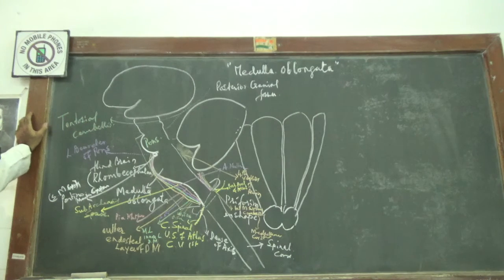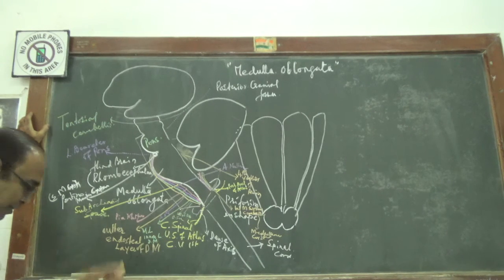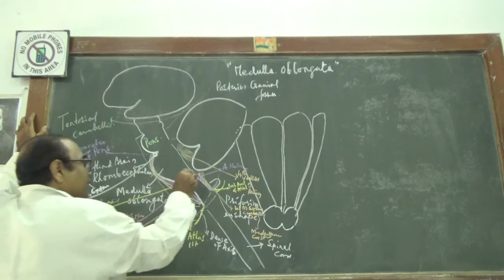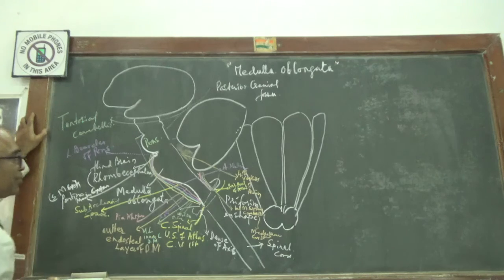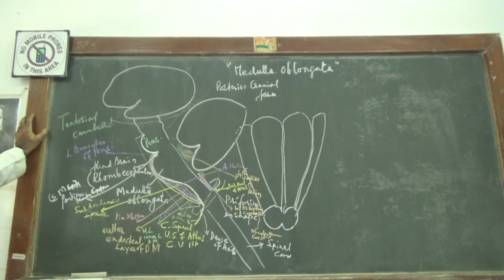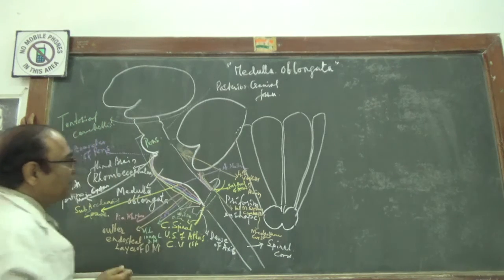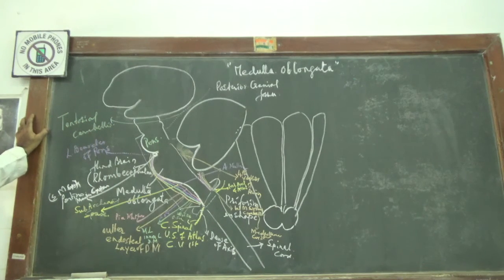The meaning of my saying is that the medulla oblongata posterior part and the anterior part of the cerebellum are related to one cavity. That cavity is called the fourth ventricle. Rather, to put it another way, the posterior surface of the medulla oblongata and the anterior surface of the cerebellum are separated from each other by one gap. That gap is called the fourth ventricle of the brain.